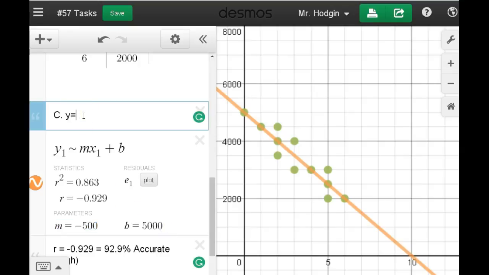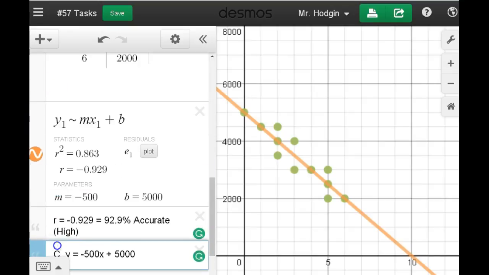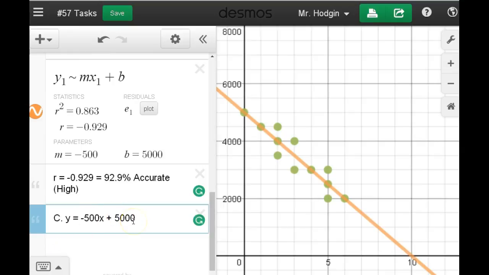So I got y = -500x + 5,000. So there's my equation of my line. I'm going to put it down here below. So I'm answering number C. That's on your worksheet there.